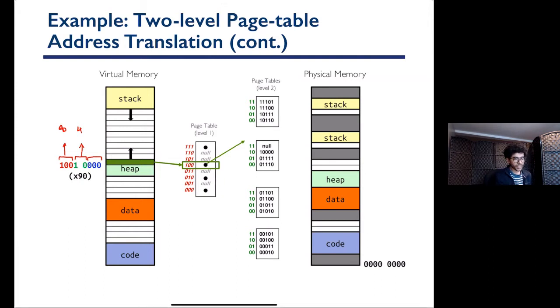Now I look at my address. The first part indexes into the first level. This gives me a pointer to the second level. Then I use the second 2 bits to find my translation here, and that's where I get the physical page number. I append my offset, and I get my answer.